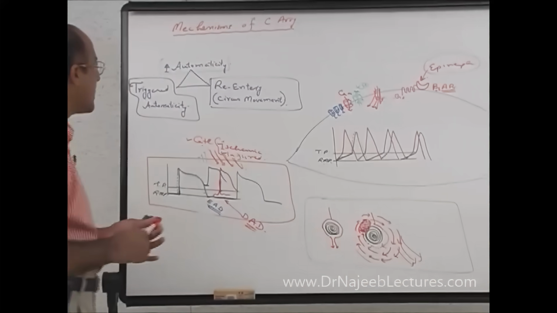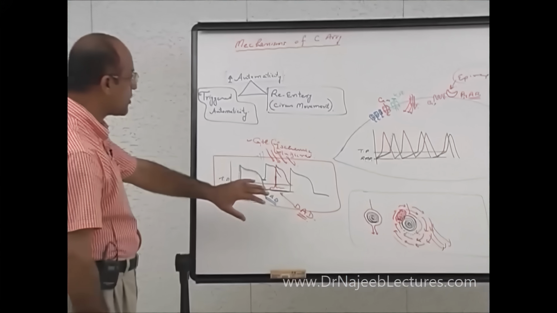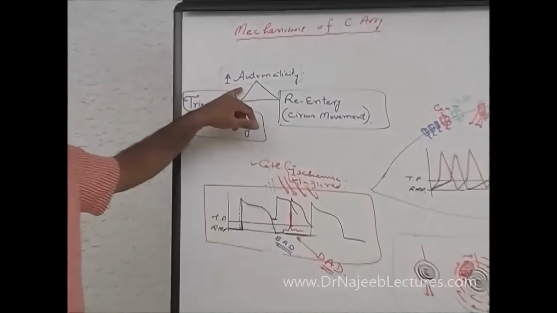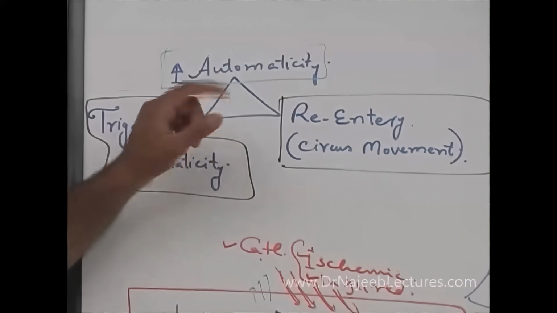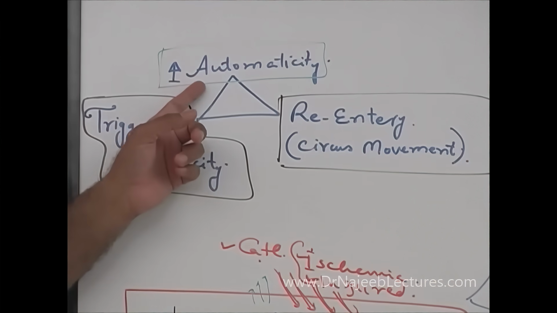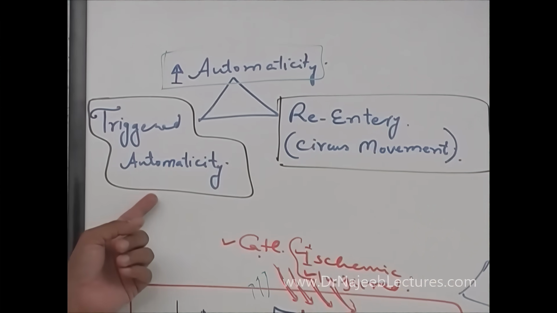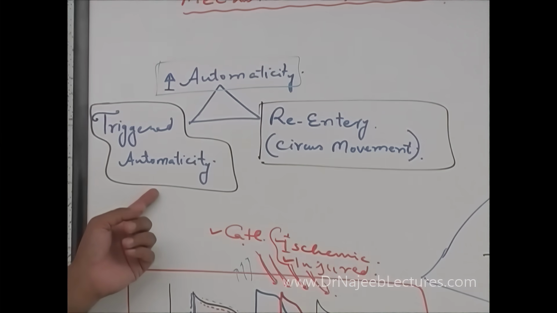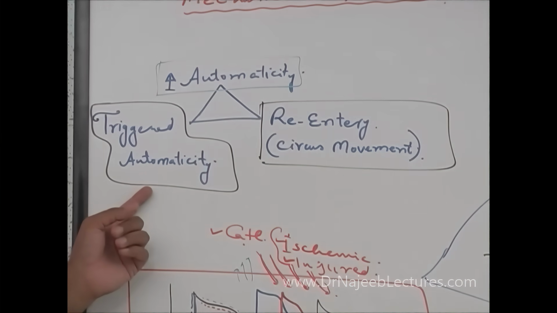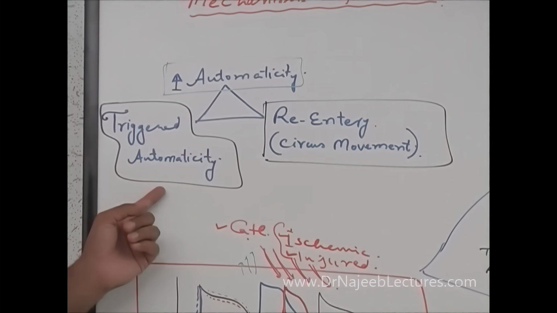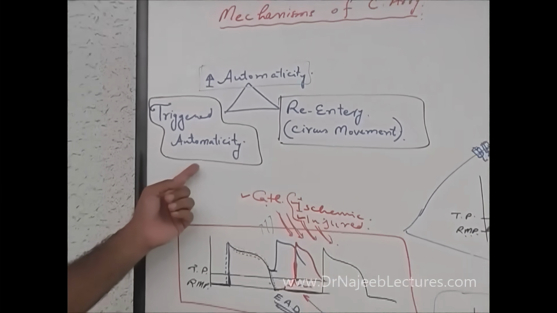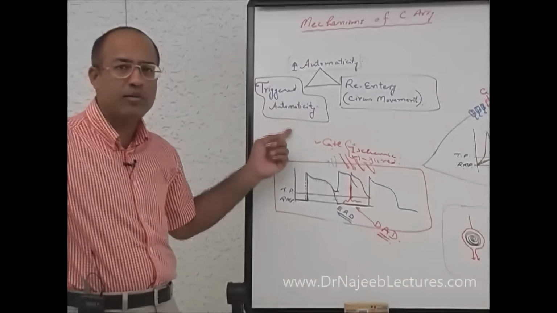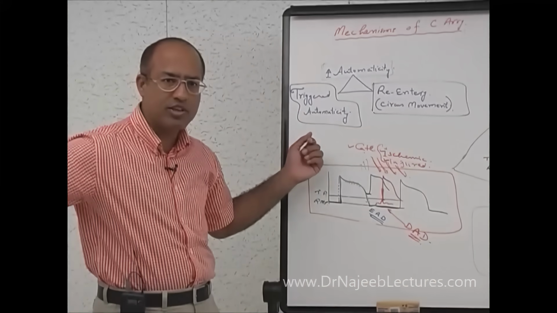Again, let me recap how tachyarrhythmias can be produced. Tachyarrhythmias can be produced when normal automaticity is enhanced, like catecholamines stimulating the SA node. Or tachyarrhythmia can be produced when triggered automaticity is there. For example, ischemic cells in the ventricular area have loaded a lot of cations, and then the resting membrane potential becomes very near to the threshold, and anytime they can produce triggered depolarizations.